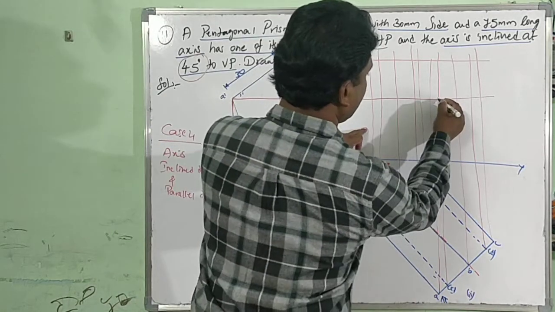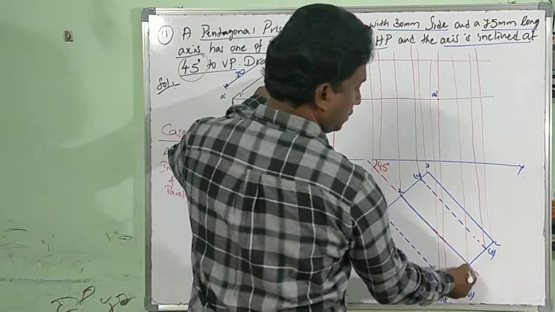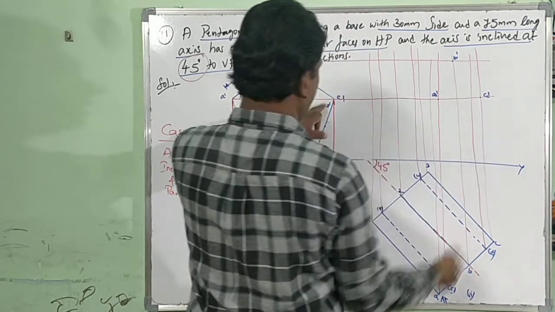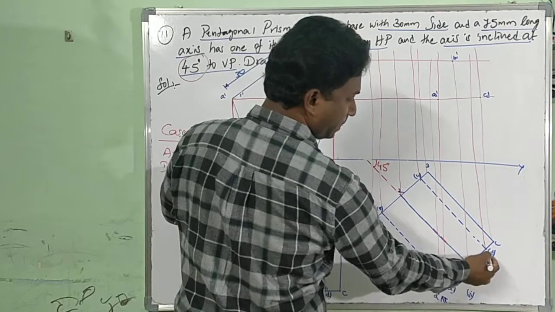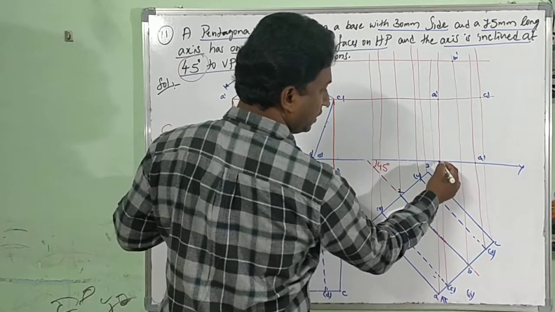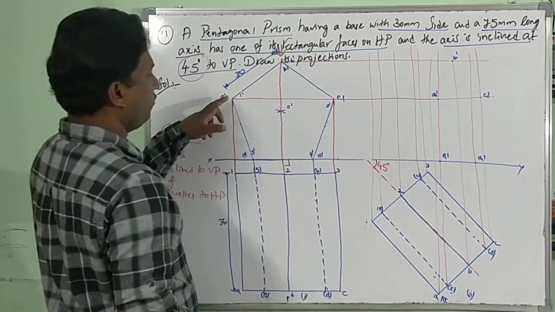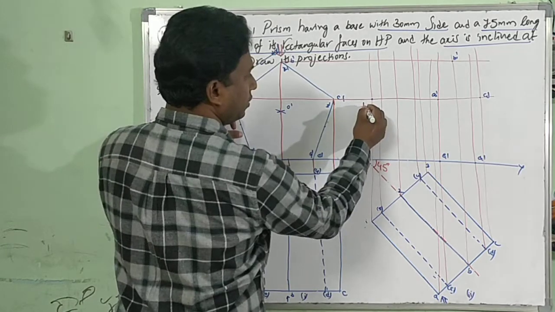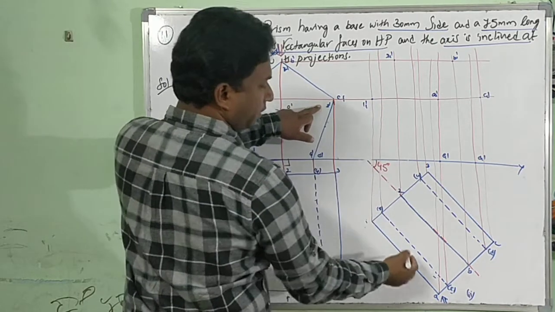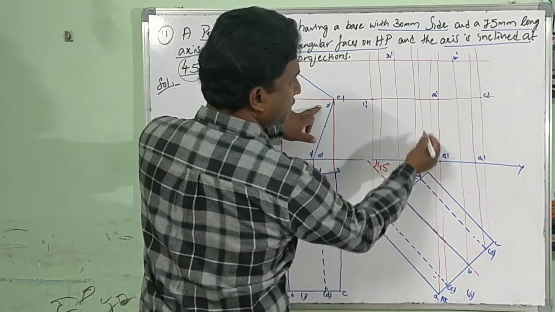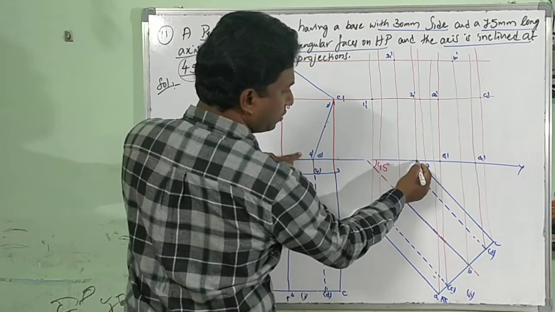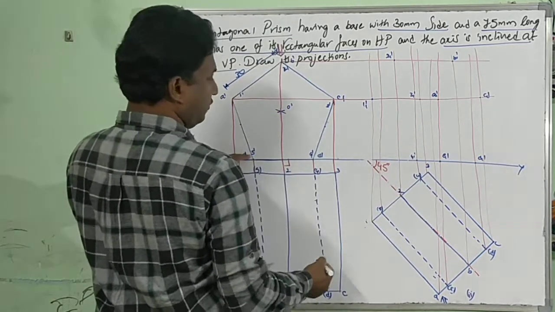A to A, A1 dash, B to B, B1 dash, C to C, C1 dash, D to D, D1 dash, E to E, E1 dash. Now from 1 dash, 2 dash, 2, 1 dash, 3 dash, 3, this is 3 here, 1 dash, 4 dash, 4, 1 dash, 5 dash, 5.